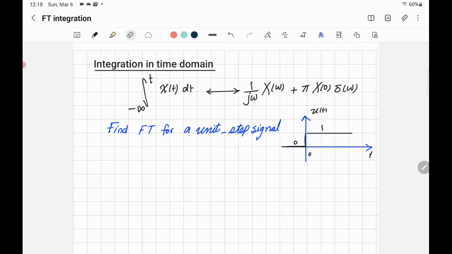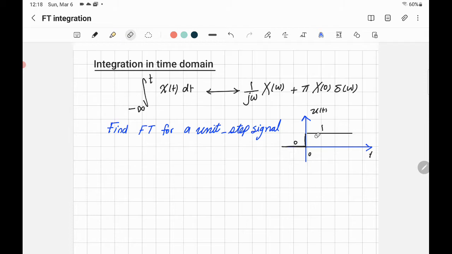All right. So when you think about it, you say, okay, I want to use this formula, and the unit step is given here. So I ask a question: what is the signal if I integrate it, I get the unit step? You can think about it in the opposite way.